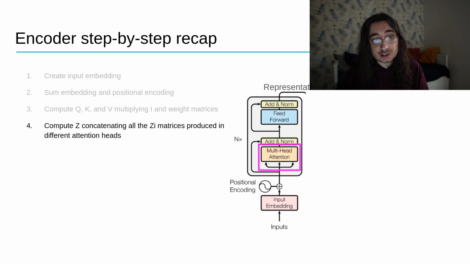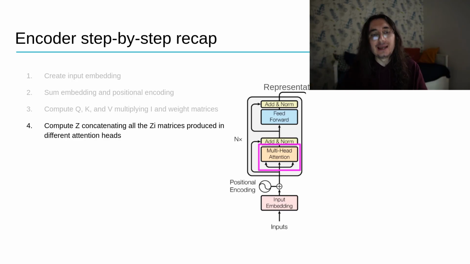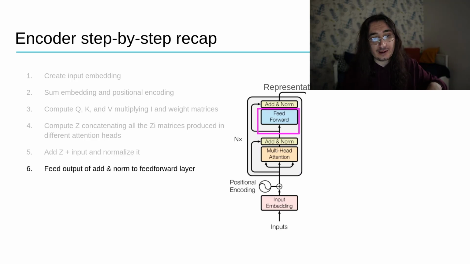At this point, we calculate the attention, the global attention, by concatenating the local attention matrices that are produced by different attention heads. Then we add the global attention to its input, to the input of the multi-head attention layer, and we normalize that.